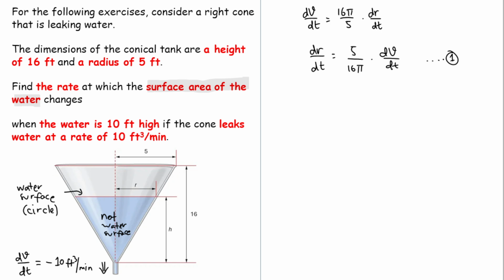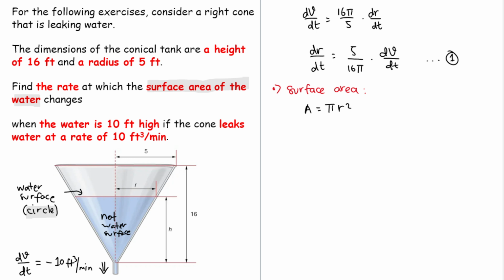Okay, we need to find out the rate of the surface area. So we have to find the surface area of the circle of the water here. Remember that the surface area here is A equals pi r squared. That is the area of a circle, the surface of the water.